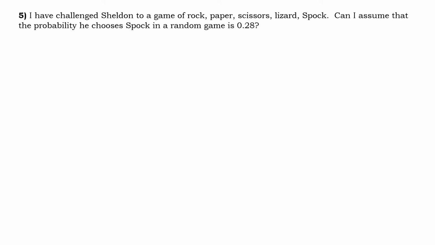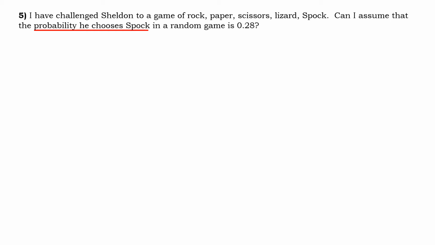Let's dig into example number 4. All right, so for our first hypothesis test in this scenario, example number 5 overall, I've challenged Sheldon to a game of rock, paper, scissors, lizard, Spock, and I want to know if I can assume that the probability he chooses Spock in a random game is 0.28. So in developing my alternative hypothesis, we want the probability.